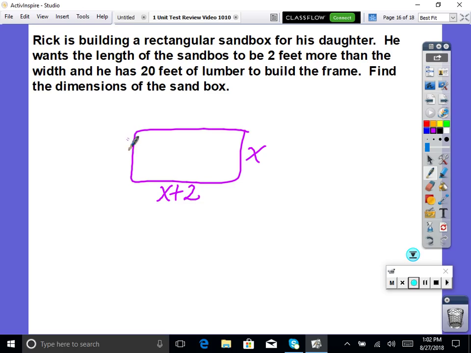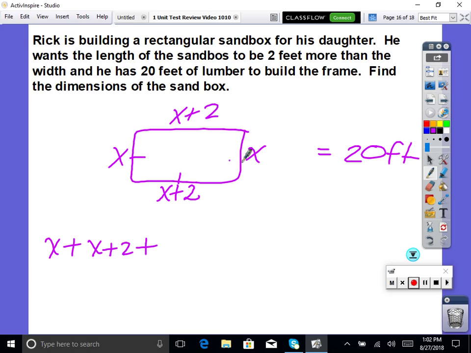So guys, that's perimeter, right? If I want to know that he has a total of 20 feet worth of product, how can we set up a true statement? Isn't it true that this plus this plus this plus this needs to equal 20? Well, this is also x plus 2. This is x. So my true statement would be this side plus this side plus this side plus this side needs to equal 20. And then we can solve for x.